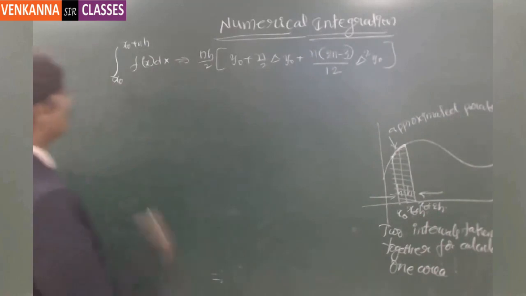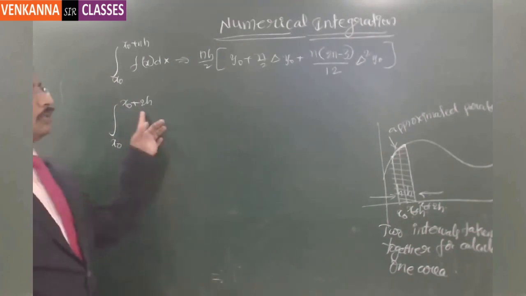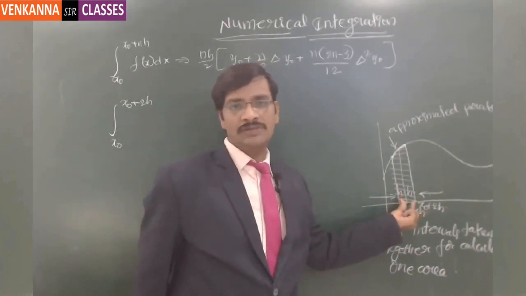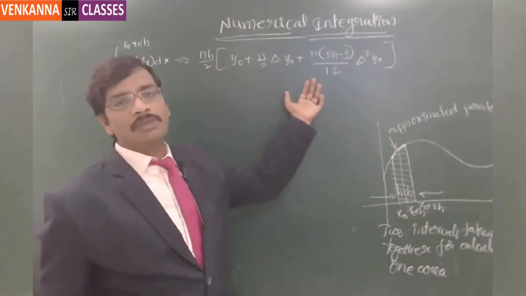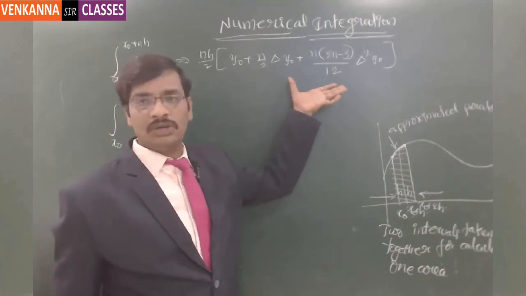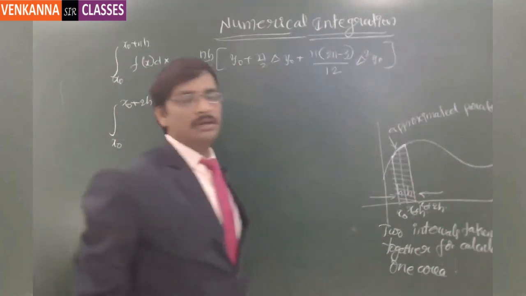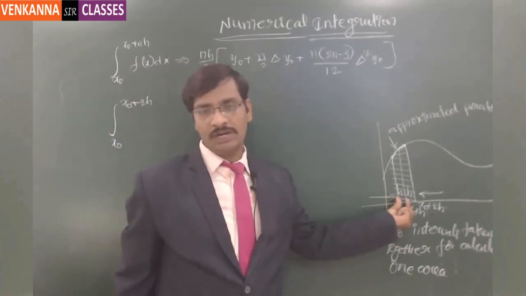So here the integral value from x naught to x naught plus 2h, where 2h gives two different intervals, these two intervals together you are trying to approximate as the area. This is the formula for two intervals taken together. Delta square y naught will be there, and afterwards it won't be there because we have considered only two different data points.